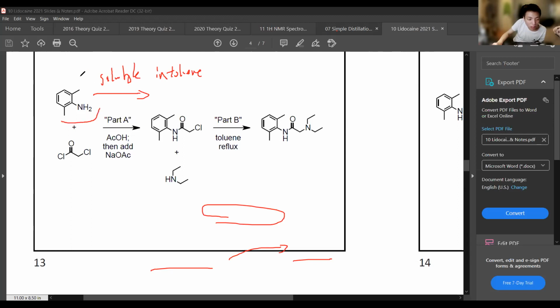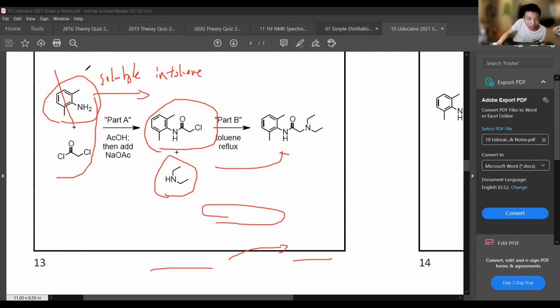And we just want to make sure that this one is out. So we only have this left and it reacts with this in order to make lidocaine. And we don't need anything else that was left before. That is my explanation.